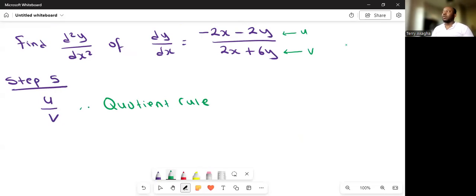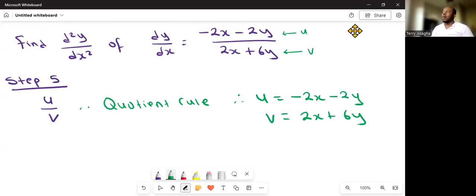We use the quotient rule to differentiate, because when you differentiate a second time, it's going to be the second derivative. So in this case, the u is going to be equal to minus 2x minus 2y, and the v is going to be 2x plus 6y. All right, so let's apply the quotient rule.